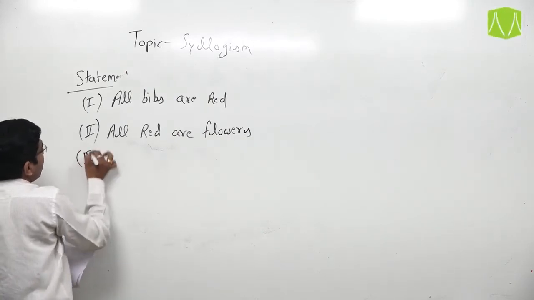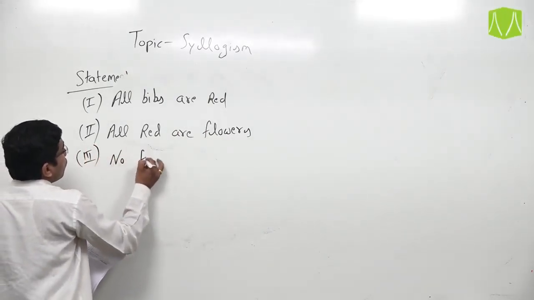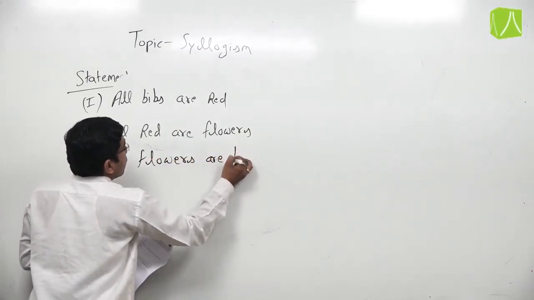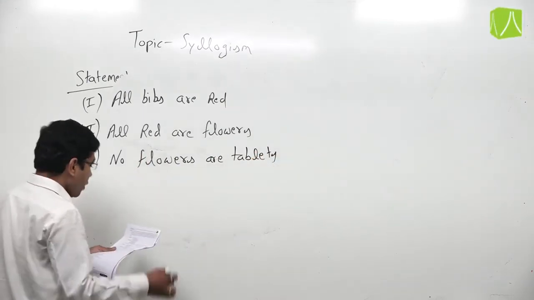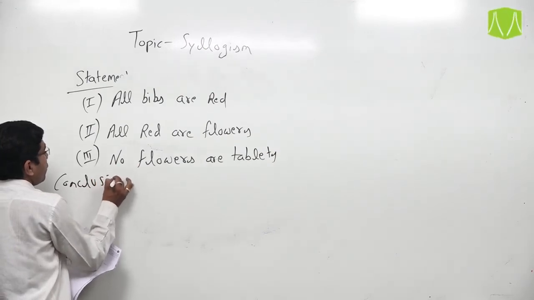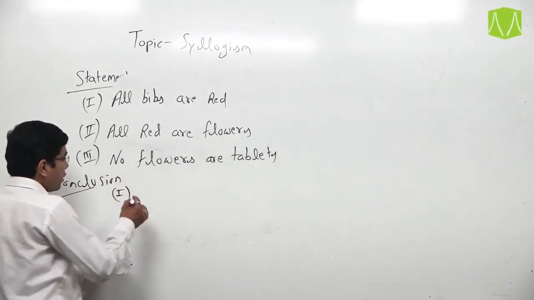And third statement is no flowers are tablets. Now we have to find the conclusion. Conclusion number 1 is some flowers are wives.